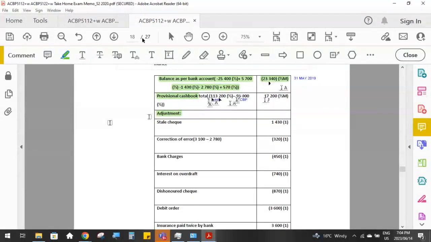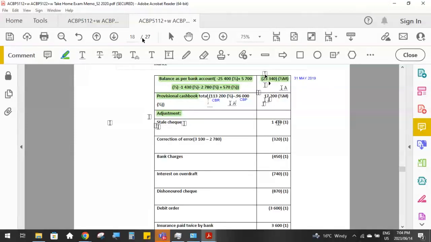So that's an overdraft balance. We've added money from the cash books. So in this next adjustment, there is a stale check. You are probably, and I'm not sure if they will still give you questions including checks because nobody uses checkbooks anymore.